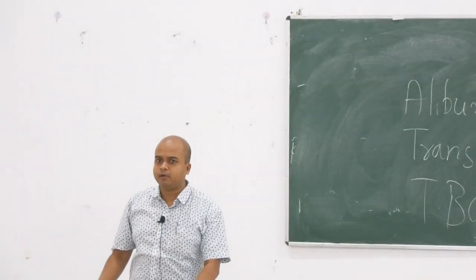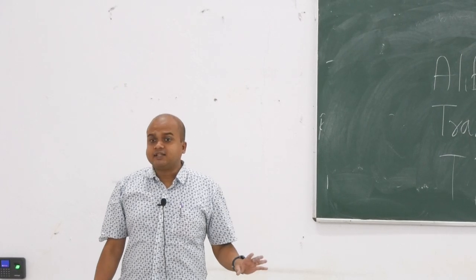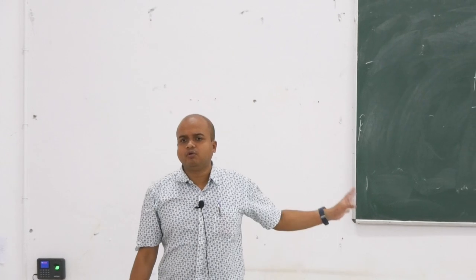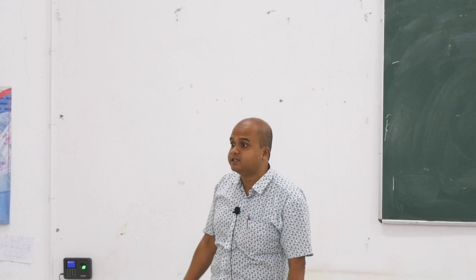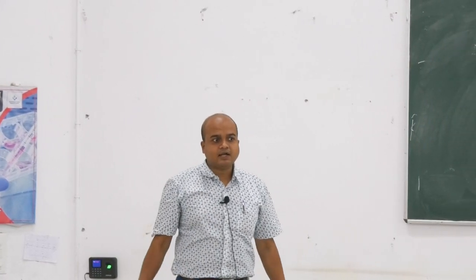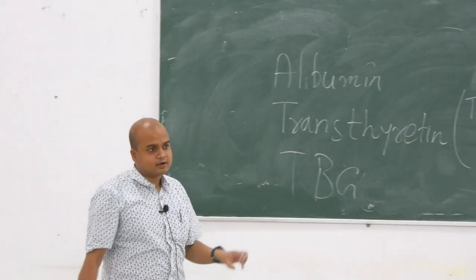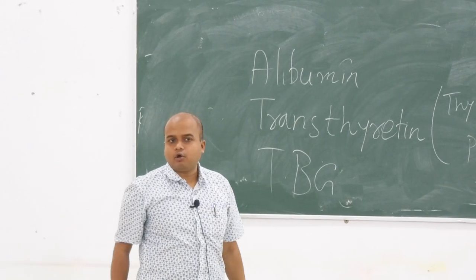Simply write it as TBG. So, thyroid binding globulin, albumin, transthyretin. Transthyretin was earlier called thyroxine binding pre-albumin. If you don't remember that, it is known as transthyretin and TBG. So, the highest affinity, affinity means attraction to T4. Most of the thyroid hormone is T4.